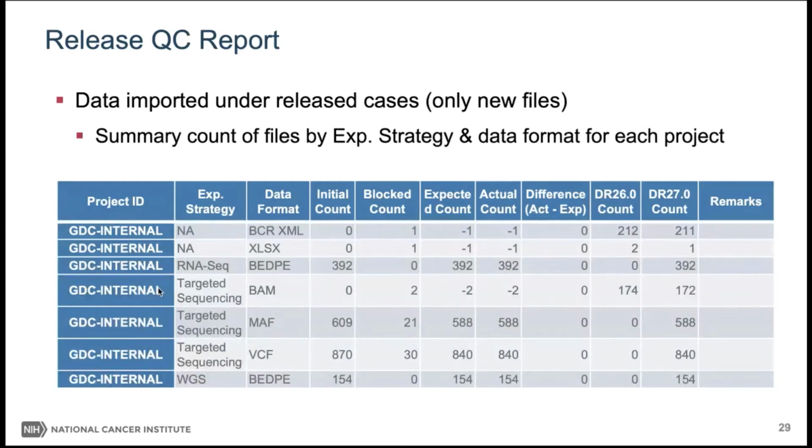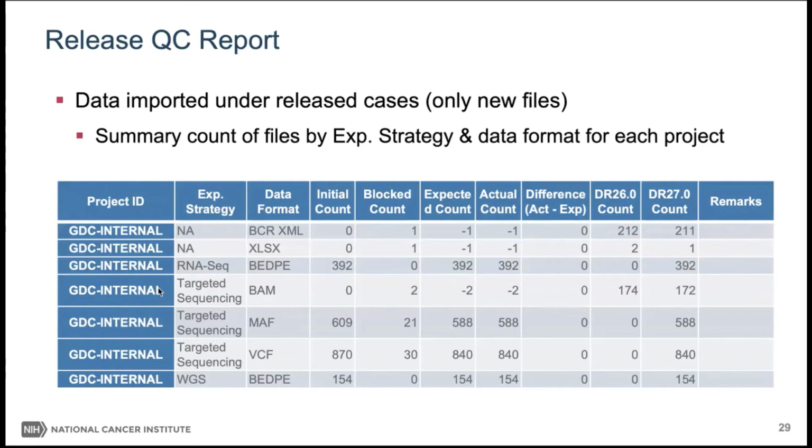The QC report also includes a summary count of files by experimental strategy and data format for each project under existing cases. It helps perform additional high-level validation to make sure only the expected number of files are released. The initial count is a raw data import file count that is available for import.